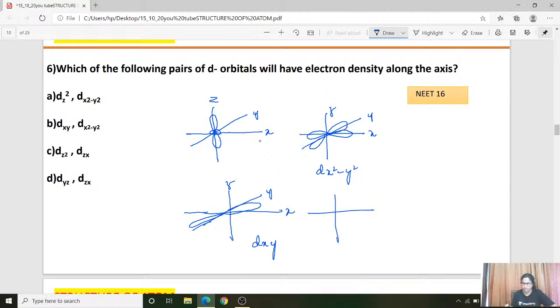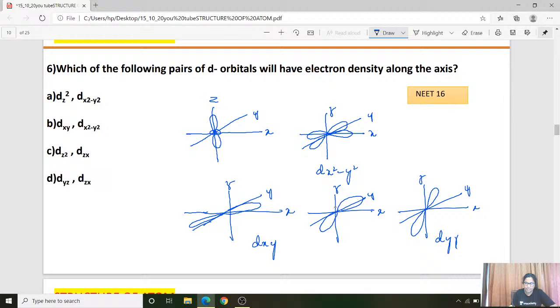If I write dxz, it is in between x and z. If I take dyz, it is in between the y and z axes, in the yz plane. Student, it is only in dz square and dx square minus y square that the electron density is mostly along the axis.